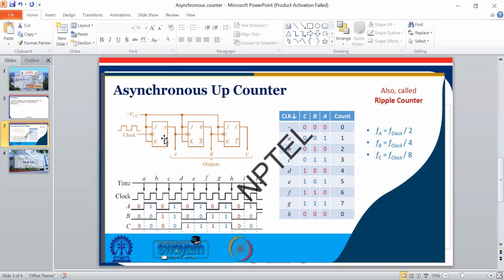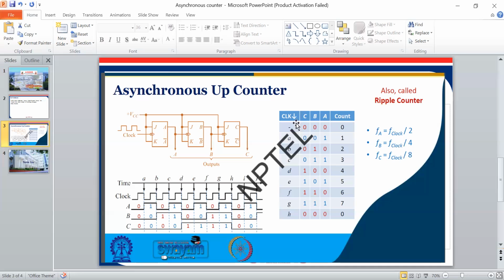We will start with the first flip-flop. Flip-flop A is a toggle flip-flop with input T as 1 and the external clock signal is given as the clock pulse. So at every negative edge of the clock, the output A will toggle.